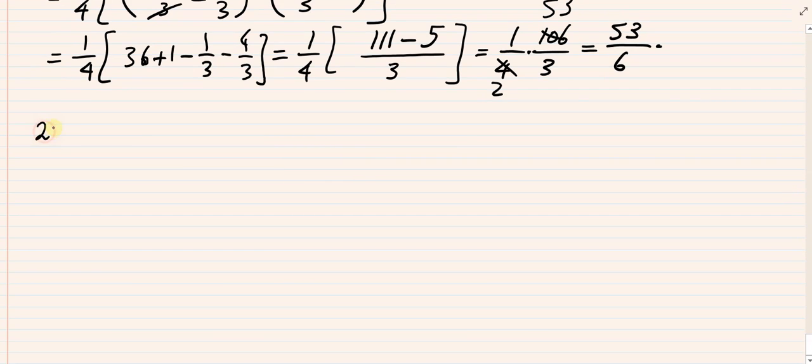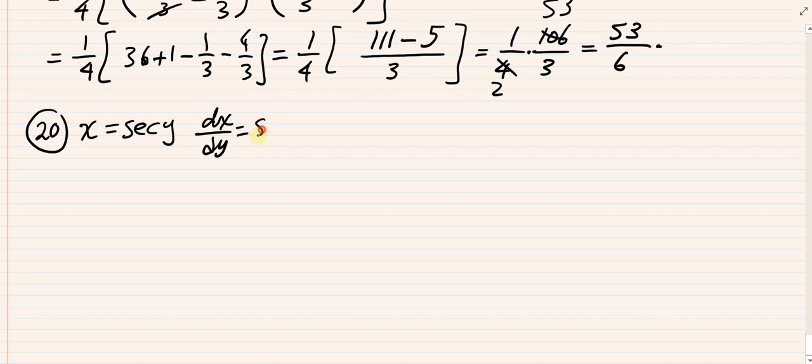Okay, so for exercise number 20, x was secant y. Therefore, dx/dy, the derivative of secant, is going to be secant y tan y. Well, actually, this is x as a function of y, right? So yeah, it is dx/dy, because we're differentiating with respect to y. Okay, so the arc length is therefore given by the limits of integration.